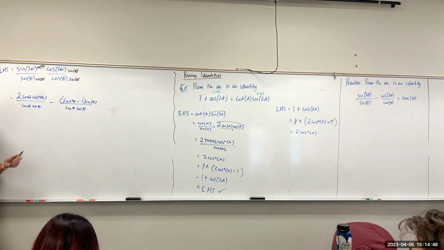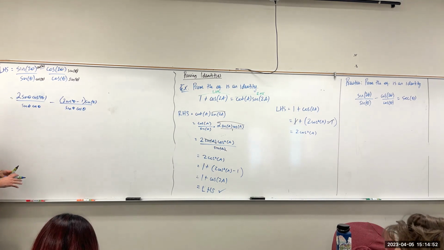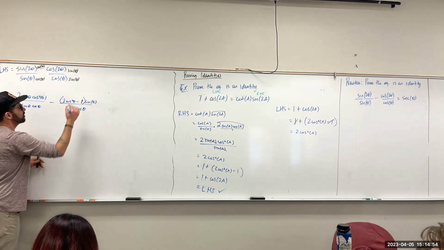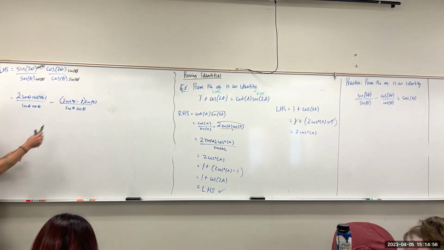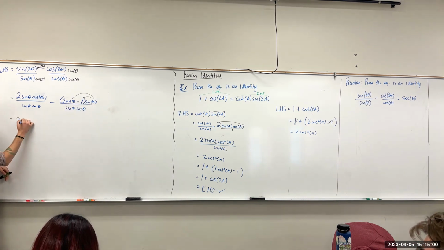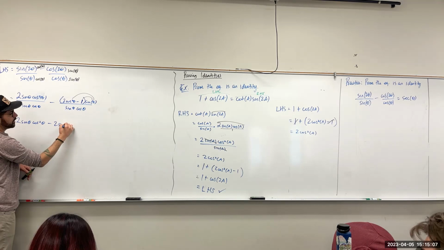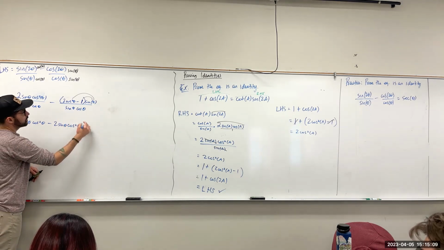If you use the other one, it would get longer, which is fine, just a couple more steps. Then you distribute: 2 sine theta cosine squared theta minus 2 sine theta cosine squared theta.